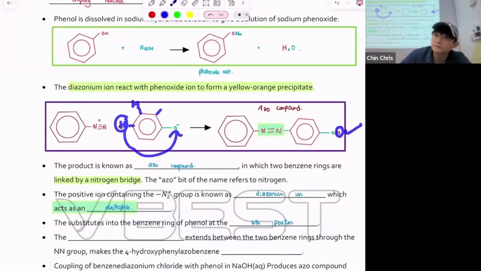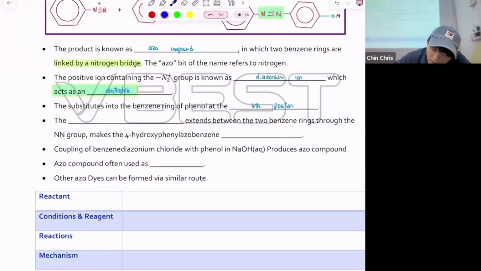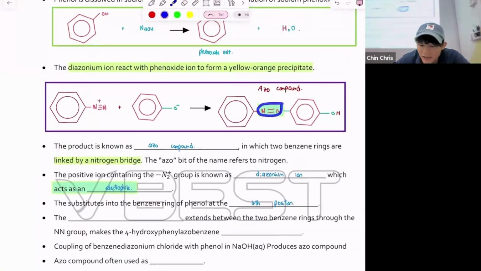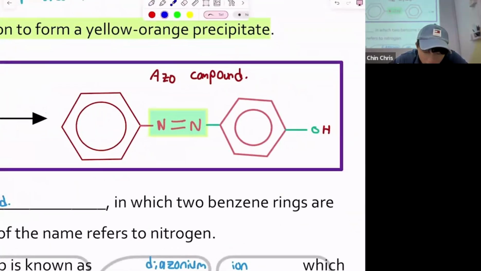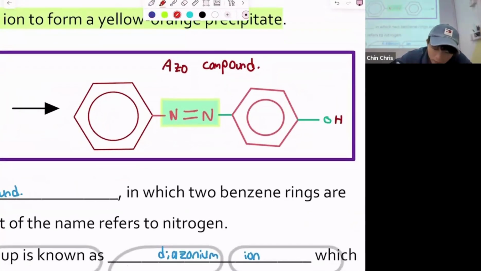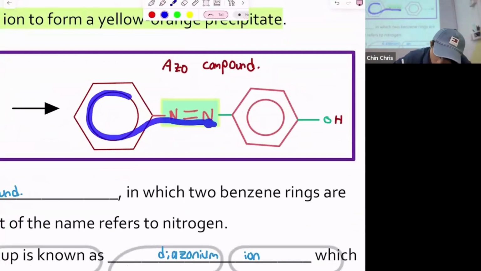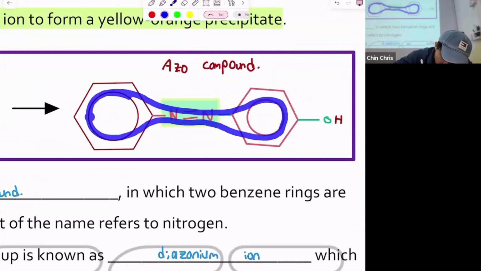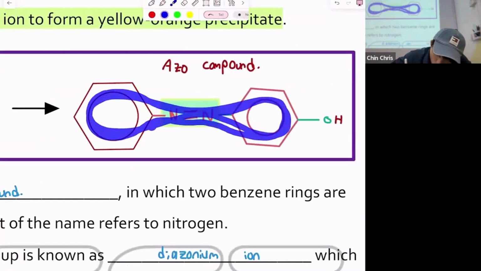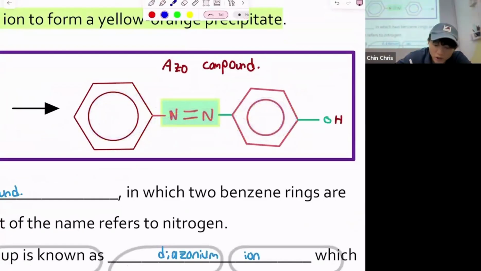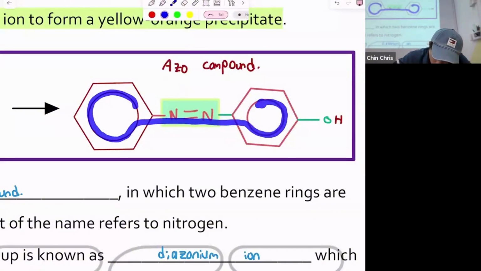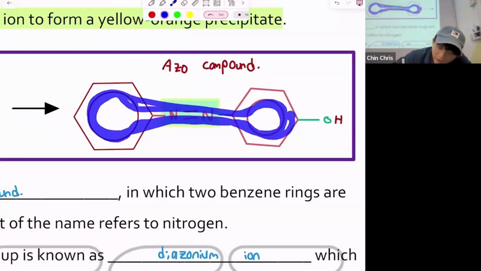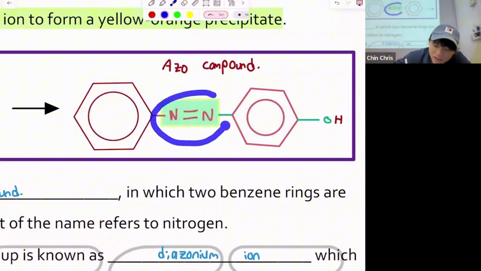Can you see that? So guys, let's look at this nitrogen link bridge. This nitrogen link bridge is very, very stable. Why? Because the electrons are continuously moving around between the two benzene rings via the nitrogen bridge. So the electron is always moving around like that, which means the nitrogen link bridge is very strong.